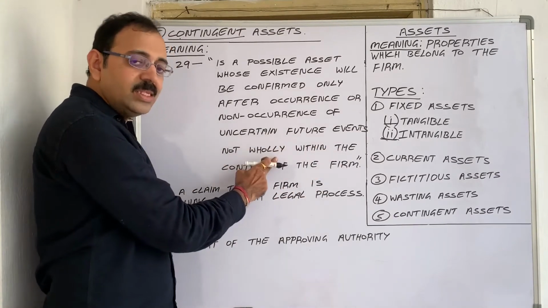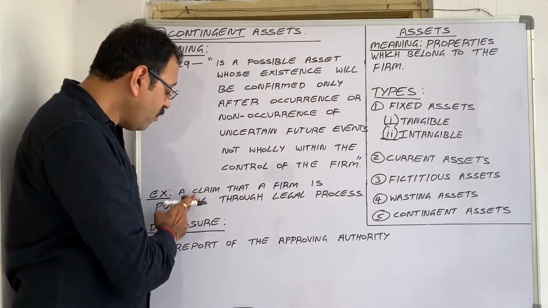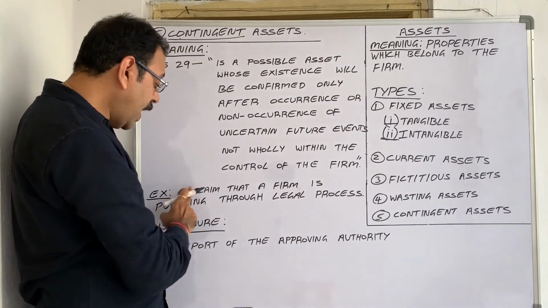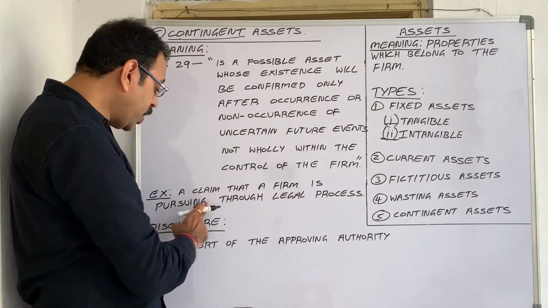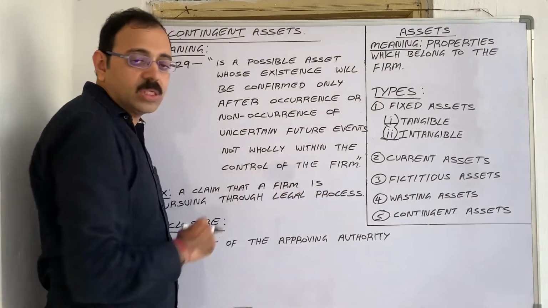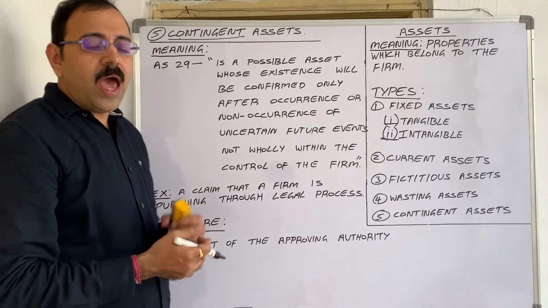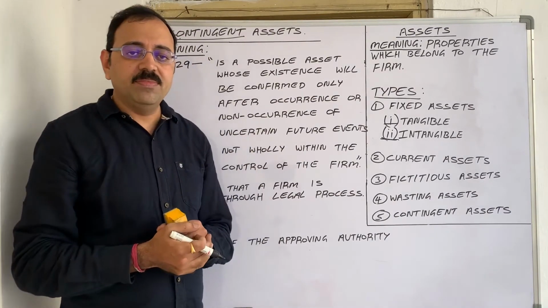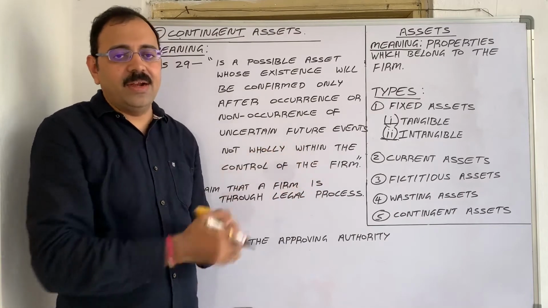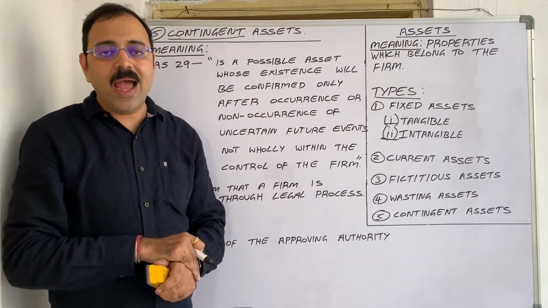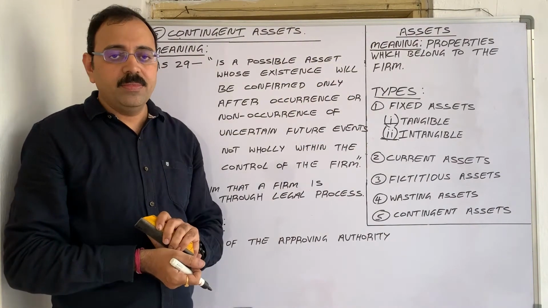To understand this sentence, you should know one example for contingent asset. The example is a claim that a firm is pursuing through legal process. What is the meaning of this sentence? See, I am running one organization. I have one litigated land, which means a court case is going on regarding the ownership of that particular land.